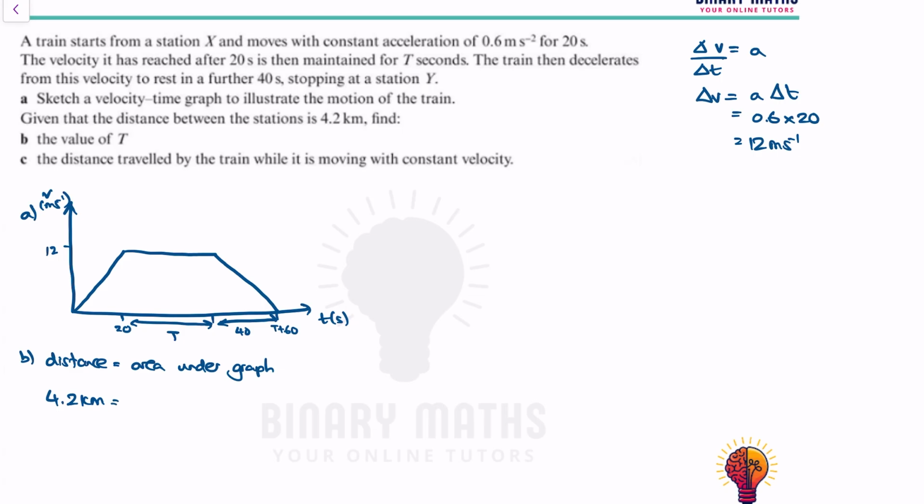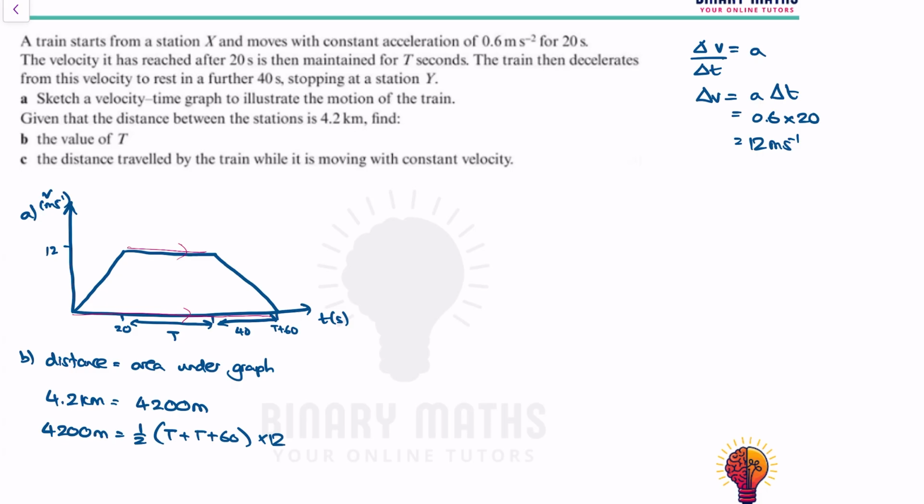Because we have it in meters per second, we have to convert it to meters, so it's 4,200 meters. So that means 4,200 meters must be equal to half of a plus b. So this is a and this is b. So a is just t and the bottom is just t plus 60, times the height, which is 12.